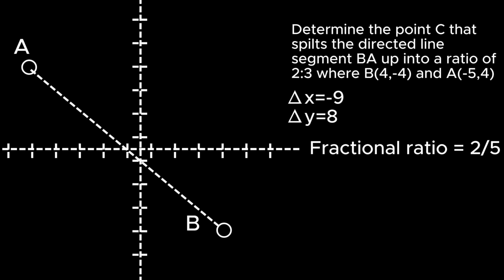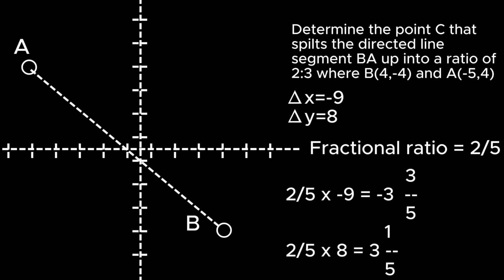So 2/5 times negative 9 gets us negative 18 over 5, or negative 3 and 3/5. And when we multiply positive 8 by 2 over 5, we get 16 over 5, or 3 and 1/5.